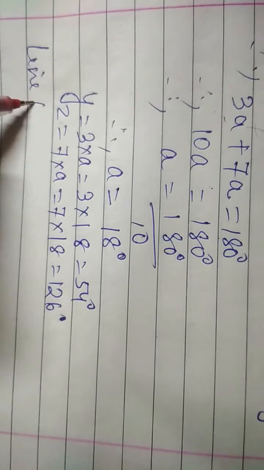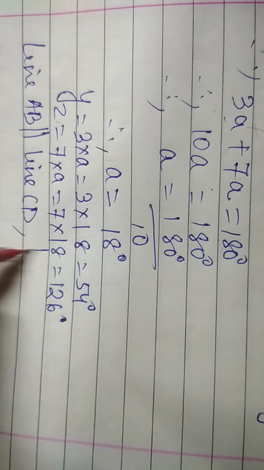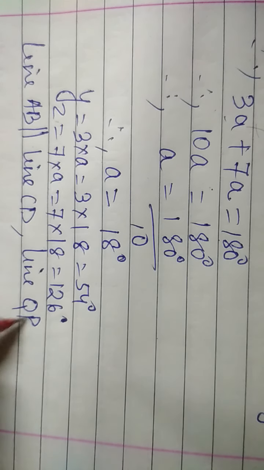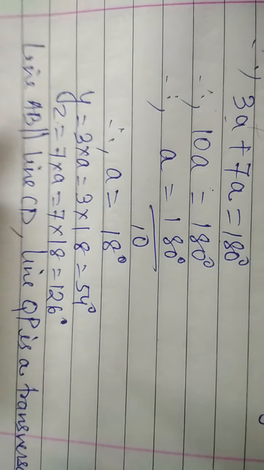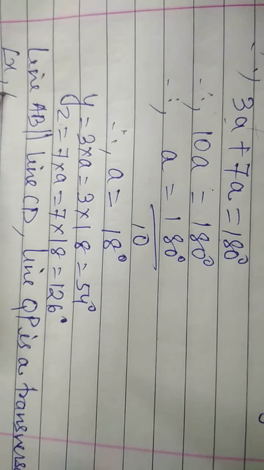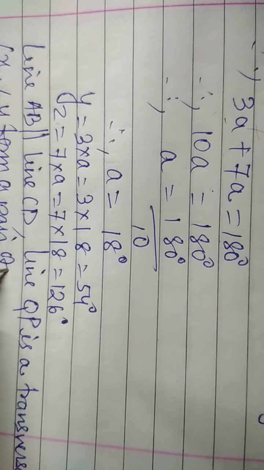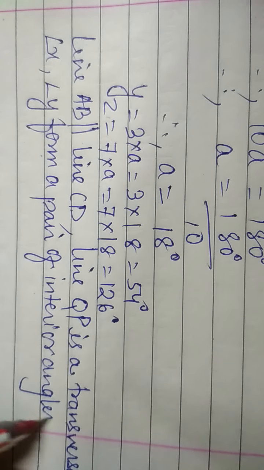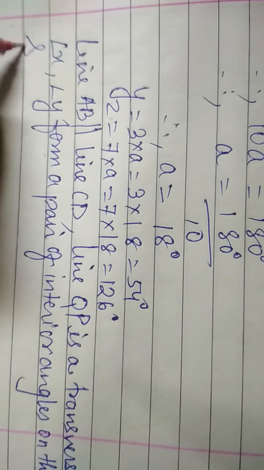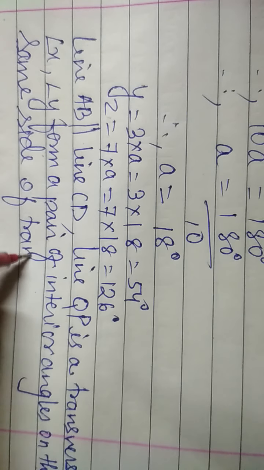So now line AB, another one we will go through. Line AB is parallel to CD and line PQ, QP is a transversal, okay? So angle X and angle Y form a pair of interior angles on the same side of the transversal. Here you have to write every reason in your answer.